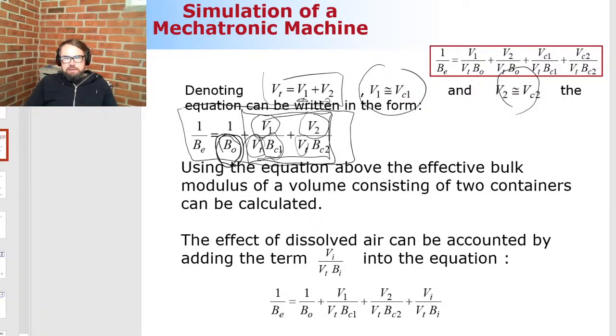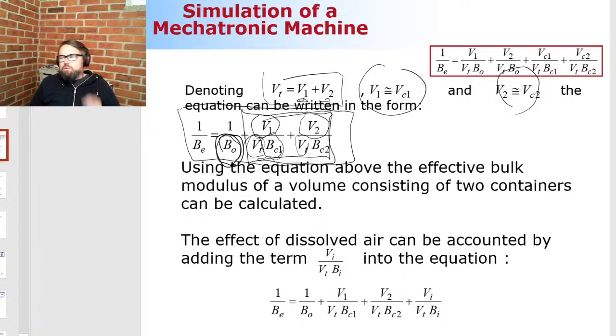In a similar procedure, we can extend this and take another volume into account. Another volume that is very often used is the volume of air, because whenever you deal with hydraulics, it is common that there is a certain amount of dissolved air in the system. Air that comes in when you do the assembly, or when there are some other problems in the system.